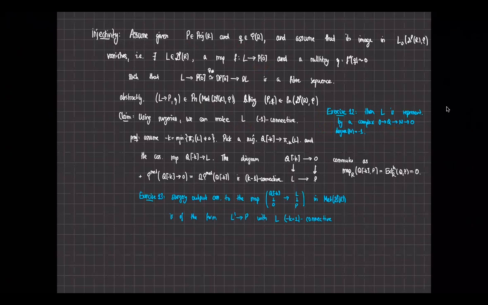So that's a little exercise to show that once L is -1 connective, we can arrange that L is represented by such a complex. And the proof that L can be made -1 connective is verbatim the same thing as before. You look at the lowest homotopy group, find the surjection, and then make the argument a little bit different than before.